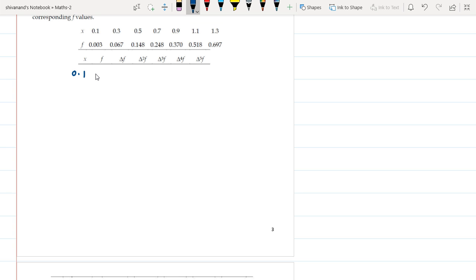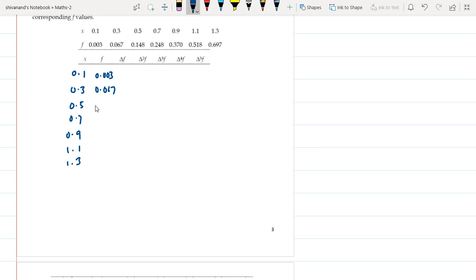You can observe that x is equally spaced, that is h is 0.2, equal distance.